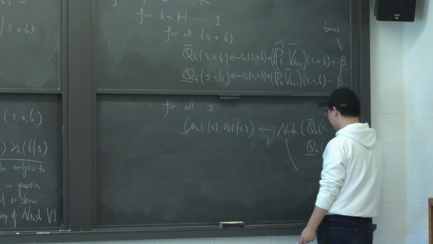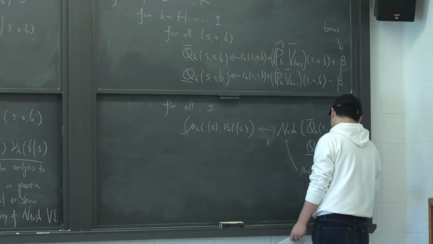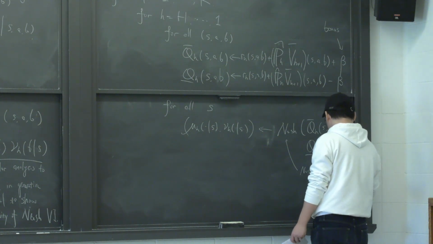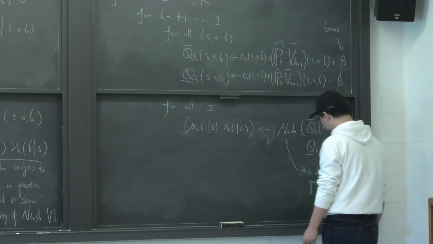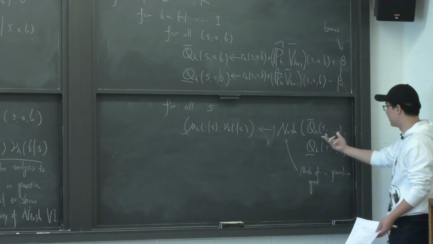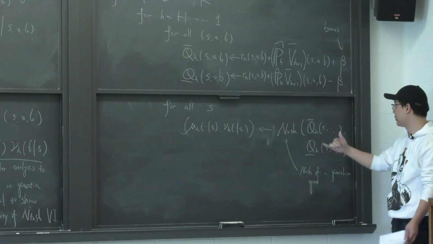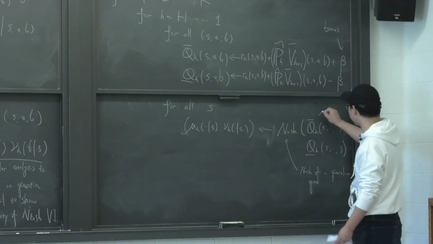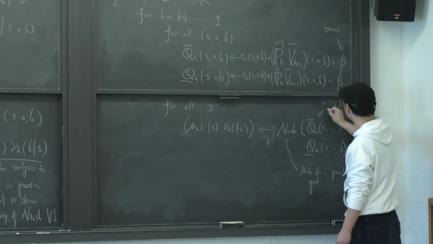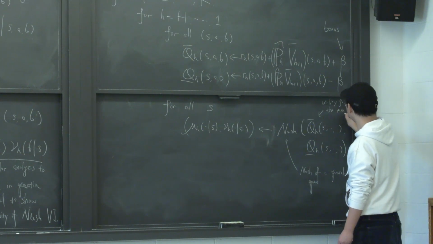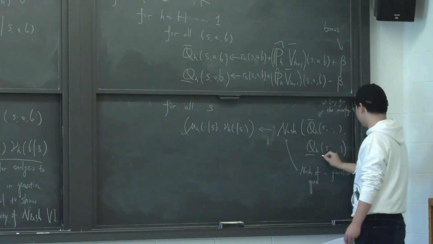This is no longer a zero-sum game. This is a Nash of a general-sum game. Essentially, we're no longer saying the utility of the first player is the negative of the second player's. So we'll just use Q upper bar as the utility for the max player, and Q lower bar as the utility for the min player.